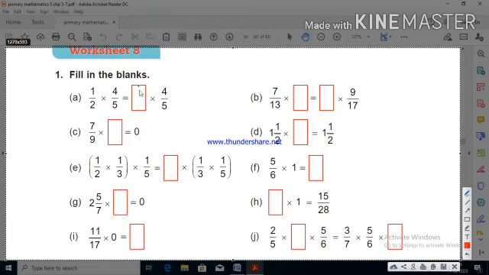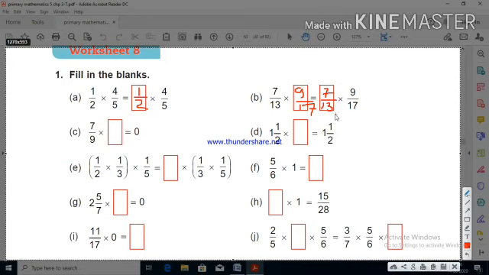You have to write 1 by 2 here. Now question number B, 9 by 17. Okay, and here 7 by 13.